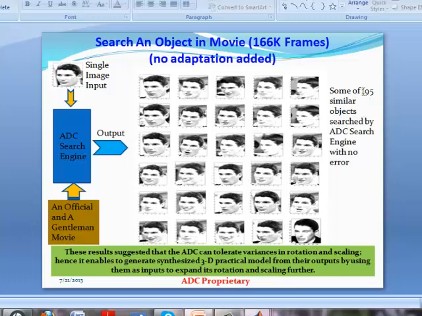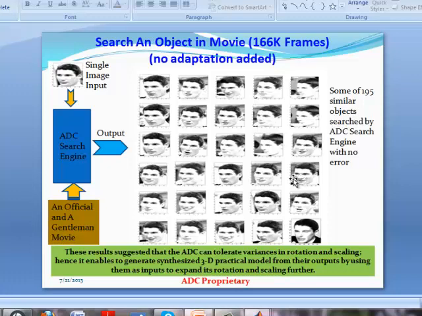Totally we found 195 similar objects based on only a single input image, and it makes no mistake. From this study, what we learn is that our algorithm is able to deal with certain rotation, and also with the scaling issue.